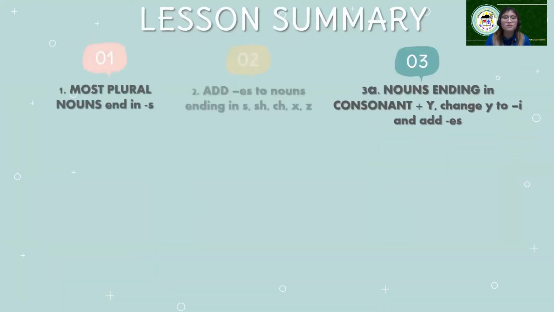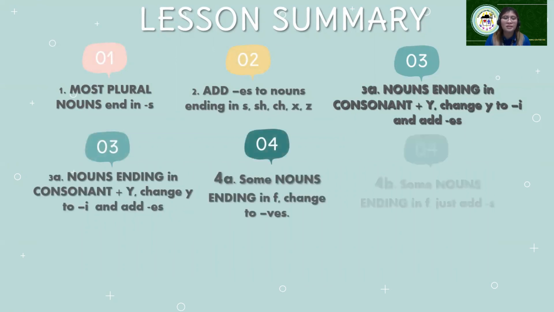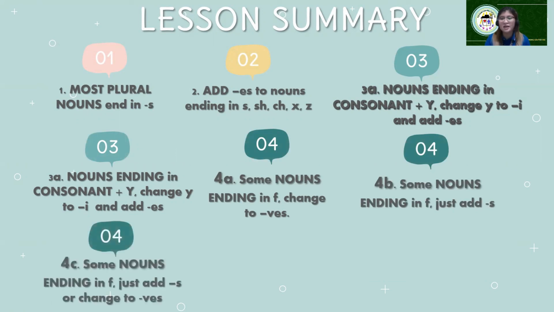We have studied different kinds of rules, such as most plural nouns end in S, add S. ES to nouns ending in S, SH, CH, X, and Z. Nouns ending in consonant plus Y, change Y to I and add ES.